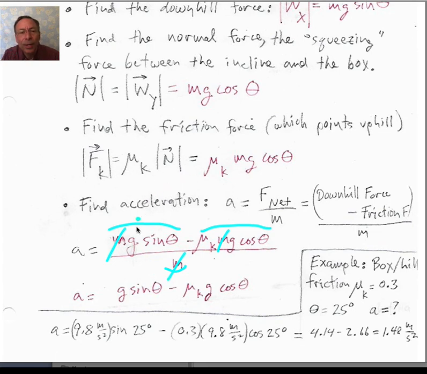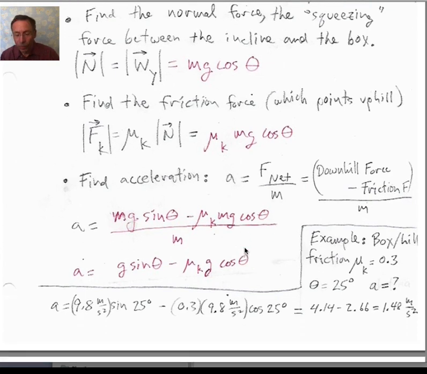So you're left with g sine theta minus mu sub k, the kinetic friction coefficient, times the cosine of theta. And so, yeah, beautiful. Now you have a formula that gives you the answer to this sort of question. So you could plug in some numbers, let's say the friction coefficient was 0.3, the angle was 25, what's the acceleration going to be? So here you're plugging in the numbers and you get the answer, 1.48 meters per second squared. You didn't need the mass.